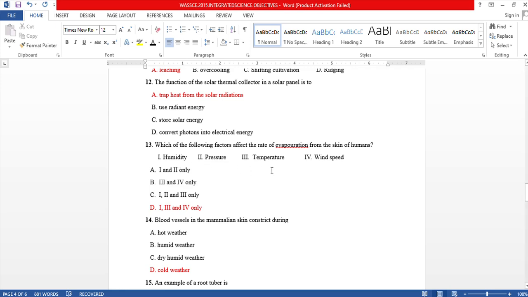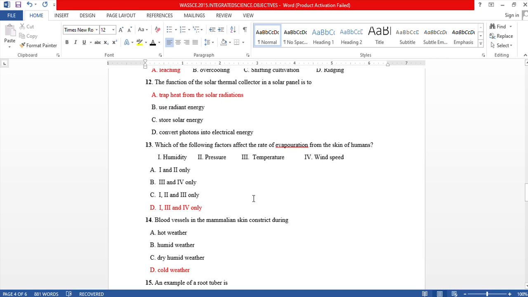Now, temperature could also be a factor. The higher the temperature, the faster the evaporation. Just like heating or boiling liquid, as the water gets hotter, you see evaporation taking place. But if it's cold, evaporation is difficult. It's not as much as when it is hotter. So temperature is also a factor. And then the speed of the wind.